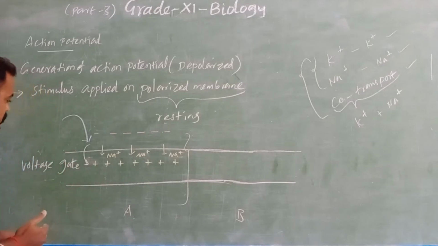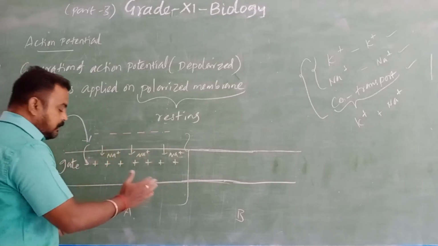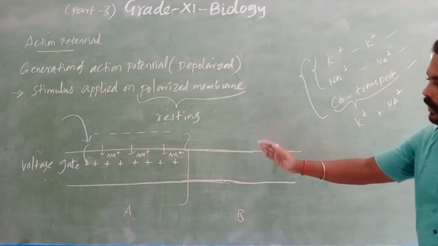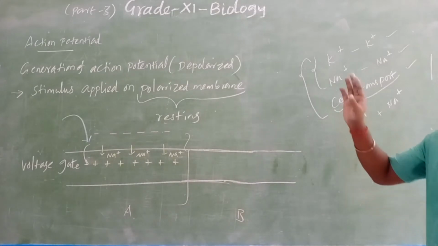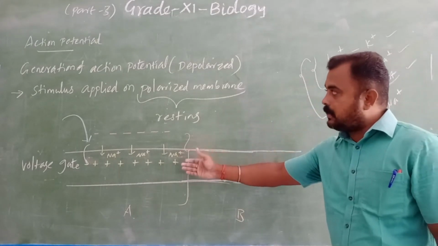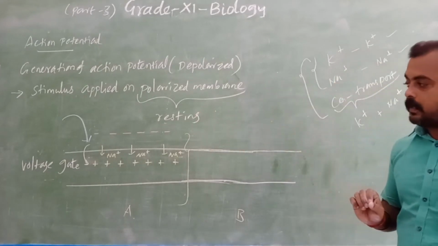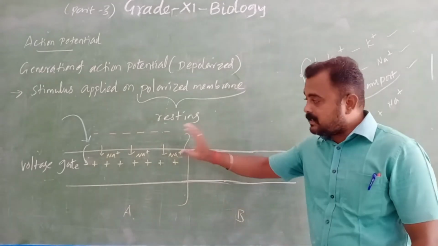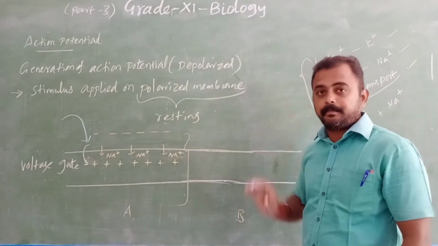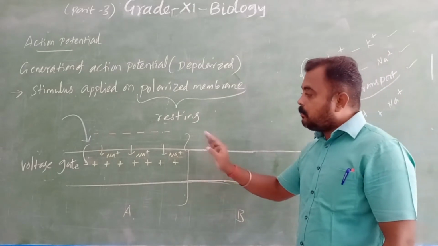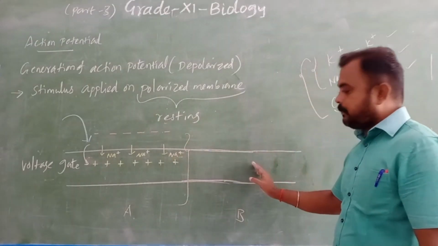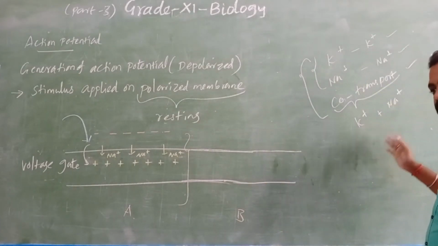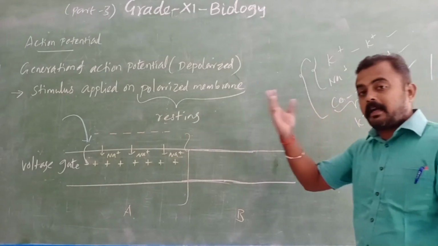Now, in the next stage, part A is depolarized: the polarized stage is converted into a depolarized one. Now the impulses, that information, are ready here. It has to move from region A to B, then B to C, like that, then to the next neuron and the next neuron, until it reaches the spinal cord and brain.